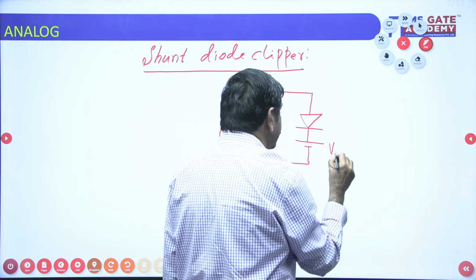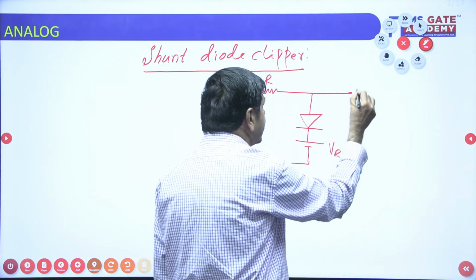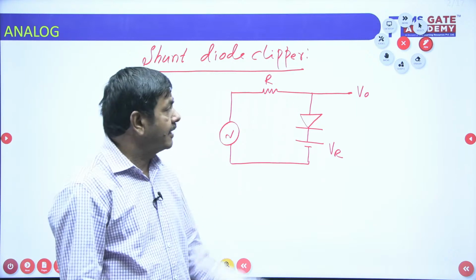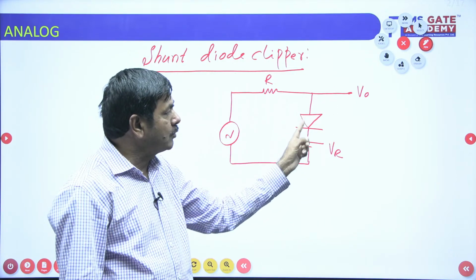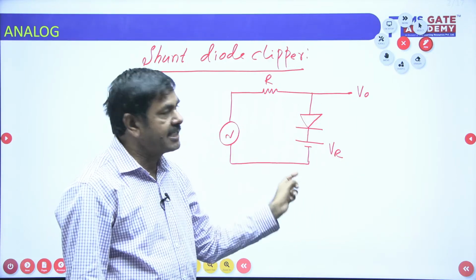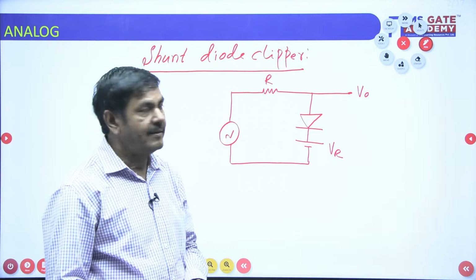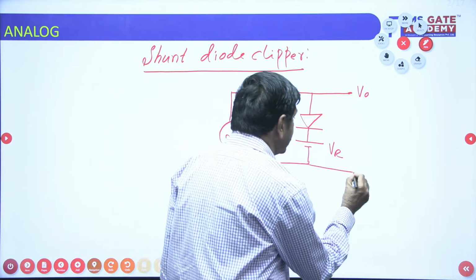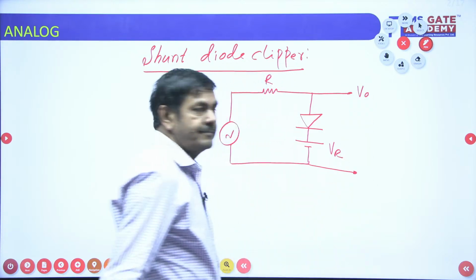The reference voltage is VR, but I wish to select V0 as the output. Practically, a resistor is connected parallel to this diode, along with one diode and source, and one load resistance will be connected. For the ideal case, I selected the voltage across these two terminals, which is V0 only.